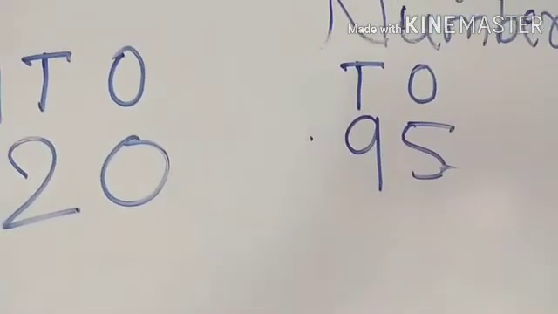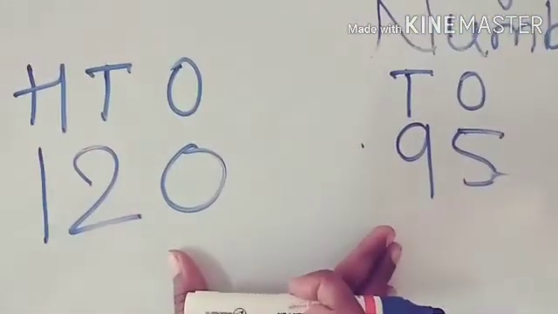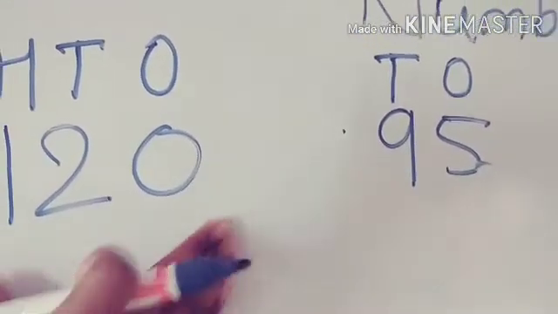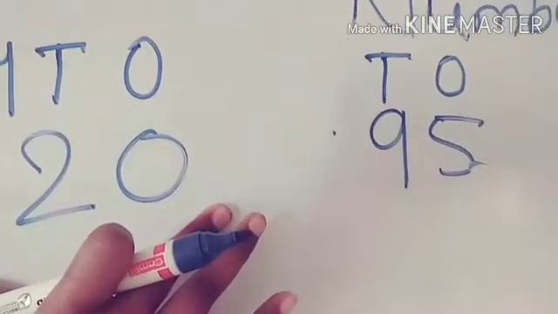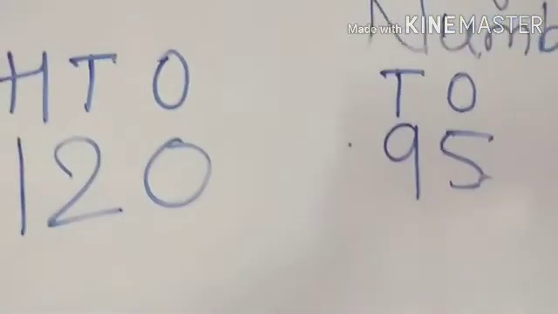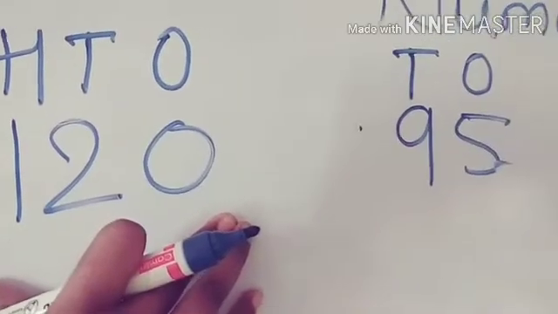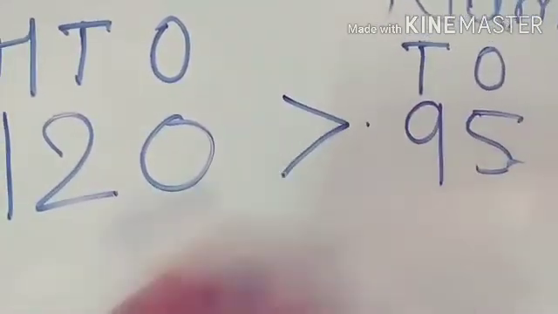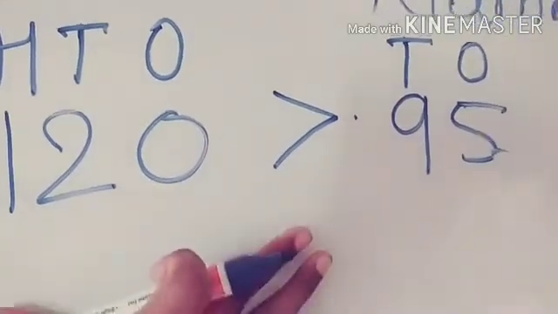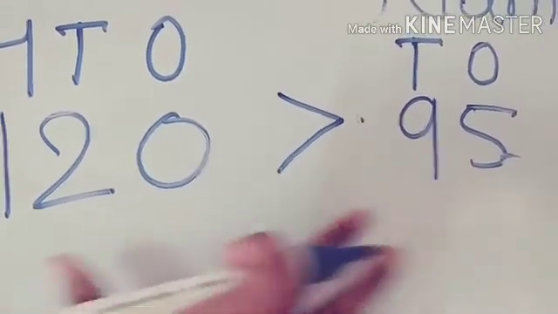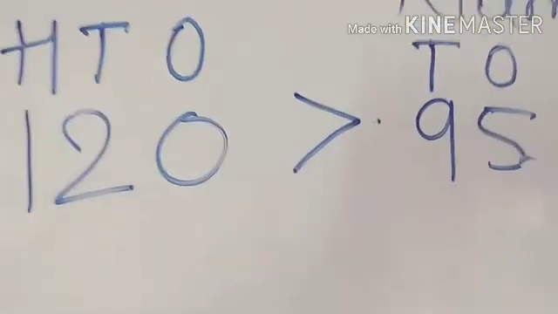Okay, so the mouth of crocodile will open towards the greater number, that means towards the 3-digit number, means towards the 120. Okay, so remember this children, that 3-digit numbers are always greater than 2-digit numbers.